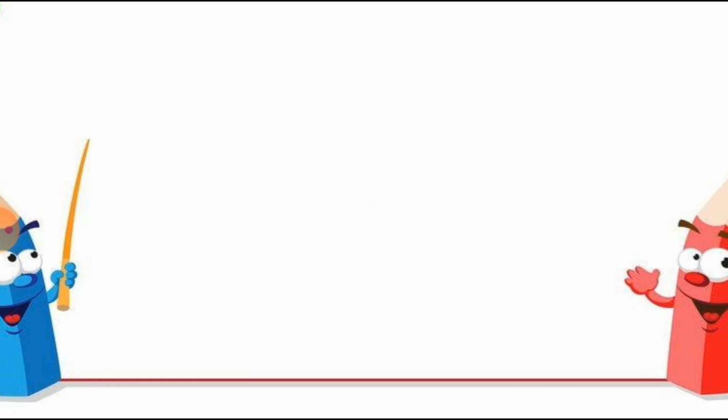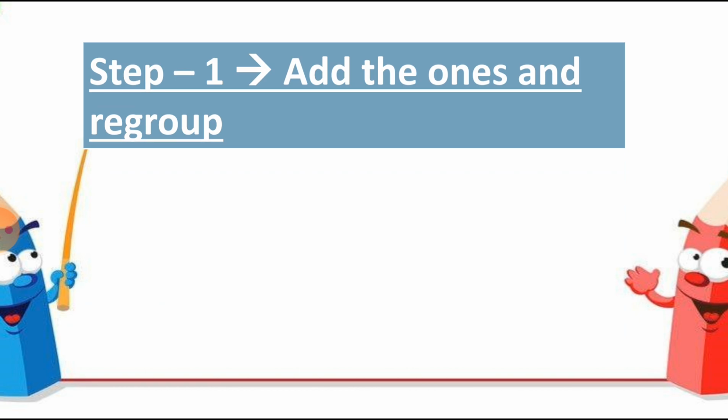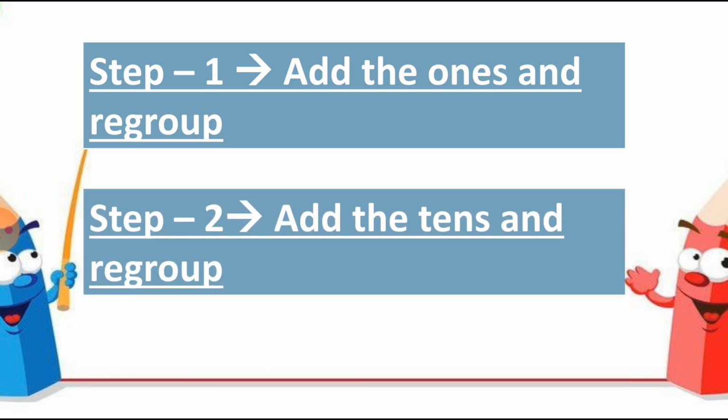Here is one example for you, students. To solve this sum, there are some steps we have to follow. Here is step 1, the simple step: add the ones and regroup. So we have to regroup the ones column. In the second step, add the tens and regroup, so we have to regroup the tens column also.